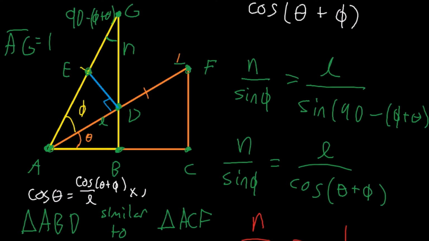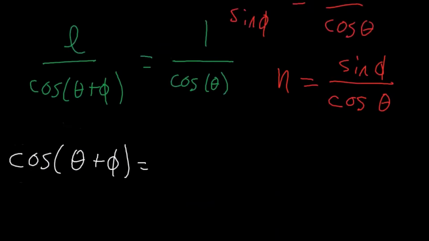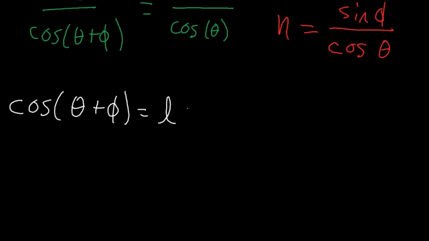So multiply each side by L, cancel out, and you're left with L cos theta. So cos of theta plus phi equals L cos theta.